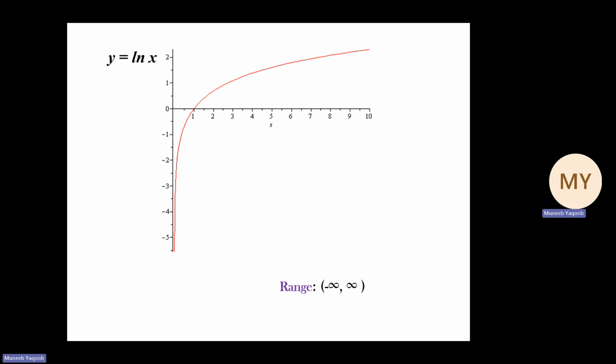Now, if we make x closer to the y-axis, suppose it is 0.01, so log of 0.01 is minus 2. Similarly, if we add another 0, log of 0.001 will become minus 3. So as we approach closer and closer to x equals 0, ln of x or log of x becomes closer and closer to negative infinity.